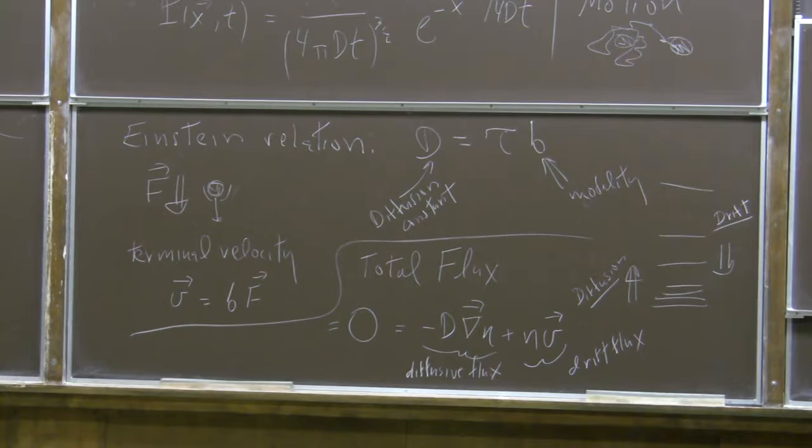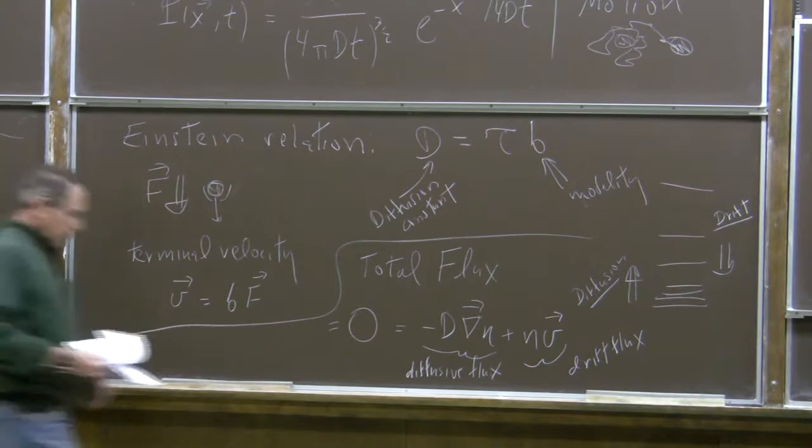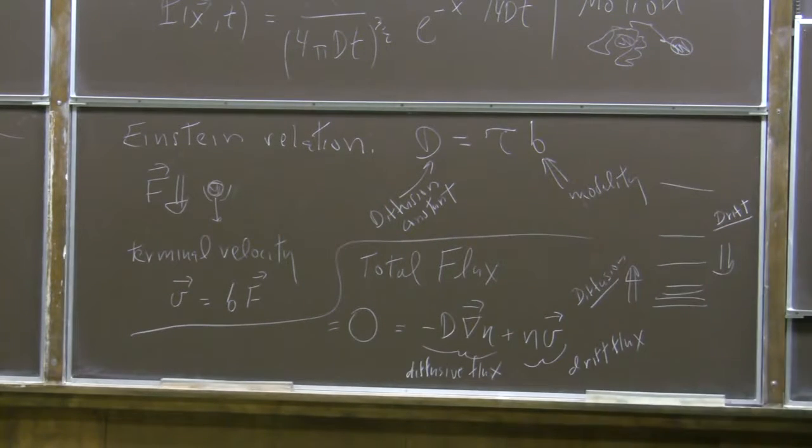Now, when we're in equilibrium, then the distribution of particles in the fluid should be given by a Boltzmann distribution, if we're in equilibrium with a reservoir at some specified temperature.